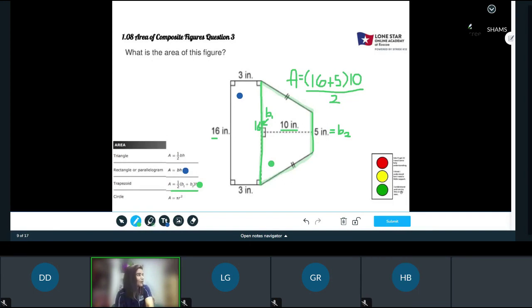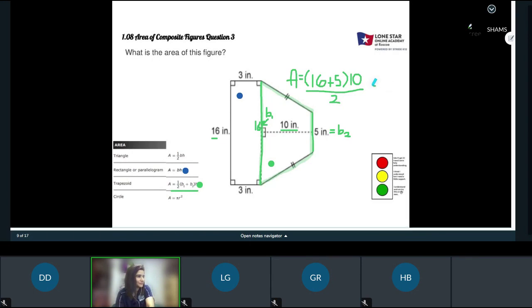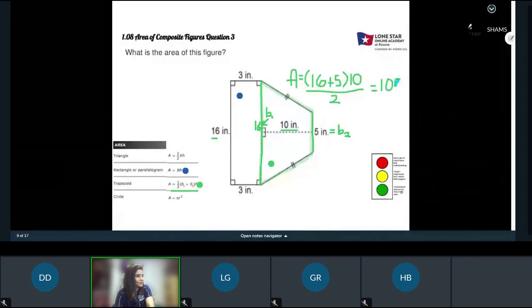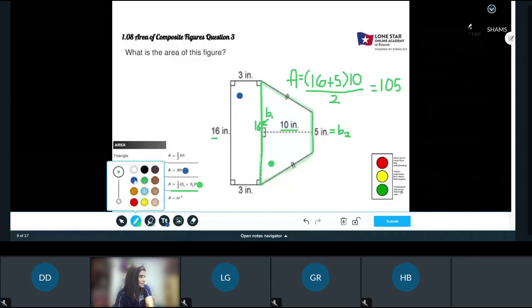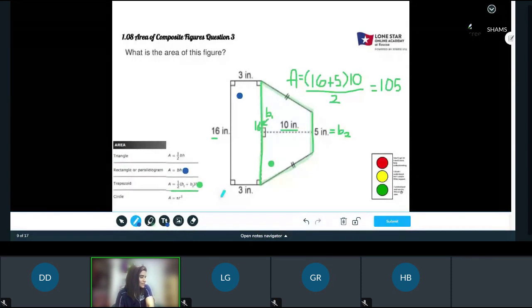Yes, Ava, we will do all of these questions. You get 105 for the trapezoid. Then we will find the area of the rectangle. For the area of a rectangle, I'm going to do base times height.